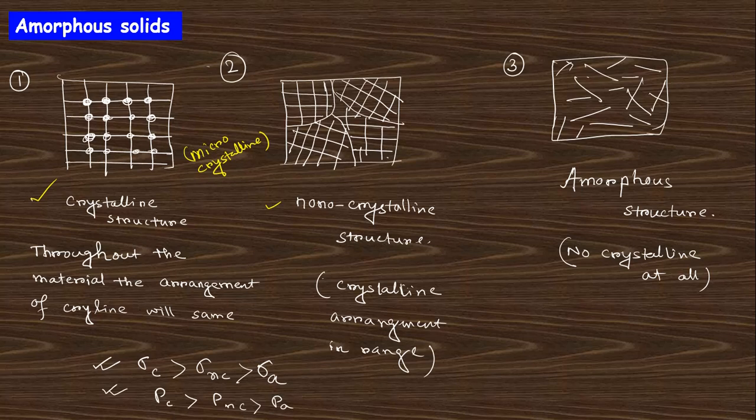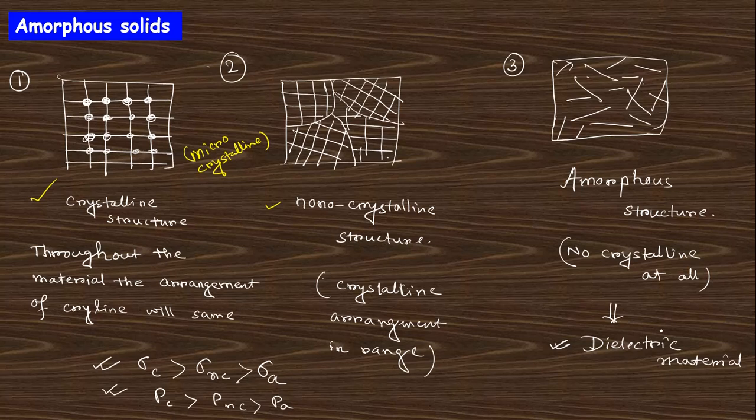But what is important here is that the conductivity of amorphous is so low that sometimes it behaves like a dielectric material. In a proper amorphous structure, it behaves as a dielectric material.